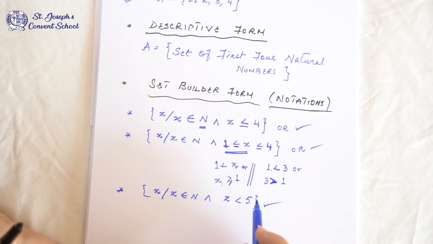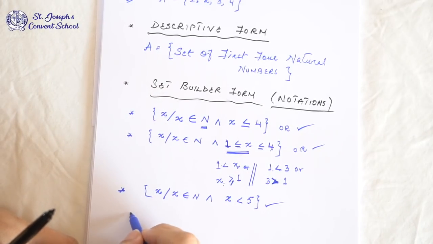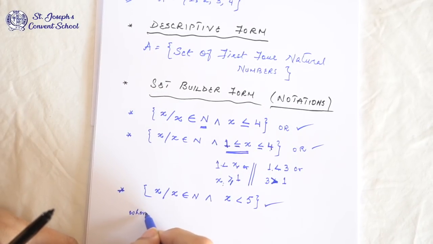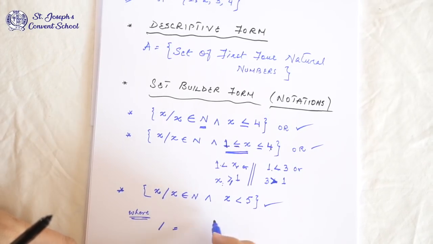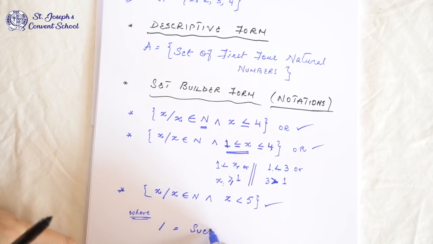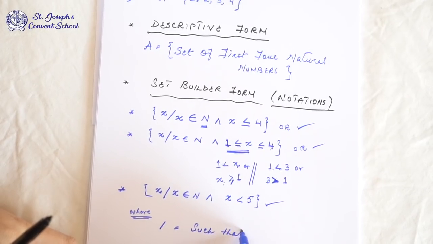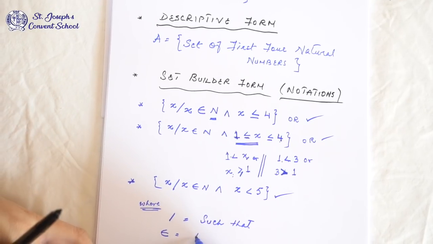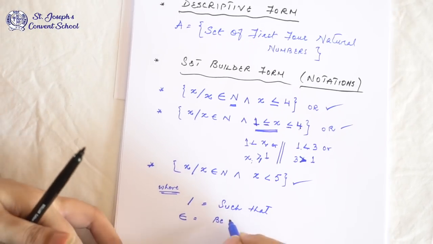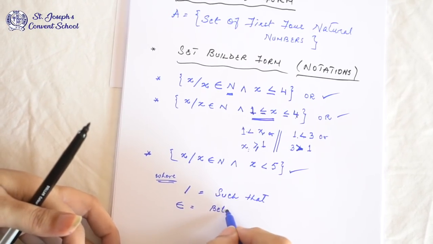Now let me write the notation also. What are these notations actually? This sign is actually "such that". Then there is this sign, which is "belongs to", or "an element of".